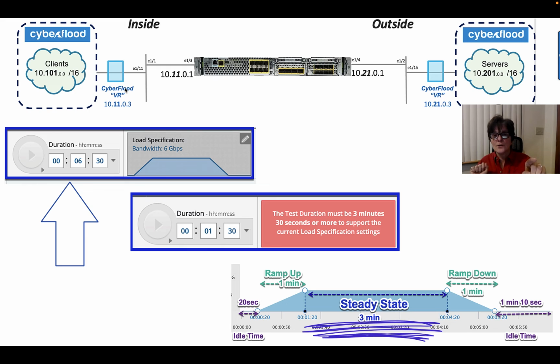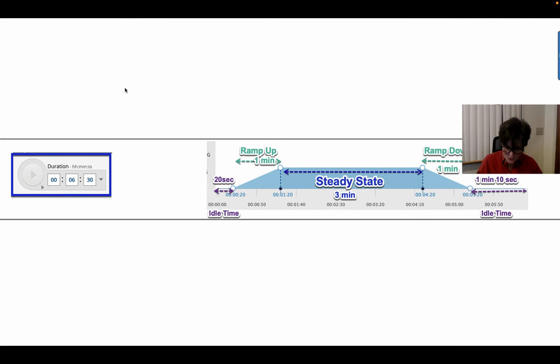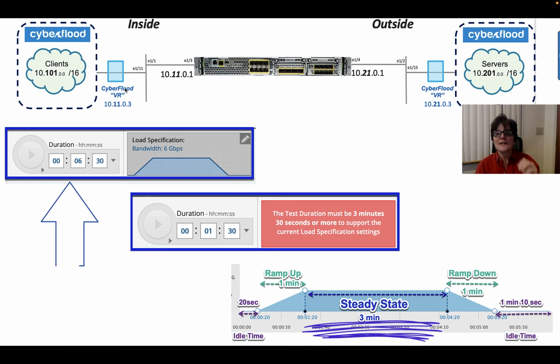So no matter what you do there, the idle times will be left alone. The ramp up and ramp down times will be left alone. So as you can see, we only have 3 minutes of steady state. So if I only have 3 minutes, whoops-a-daisy, if I only have 3 minutes of steady state, I can't go down 5 minutes. Going from 6 minutes and 30 seconds down to 1 minute and 30 seconds is 5 minutes.